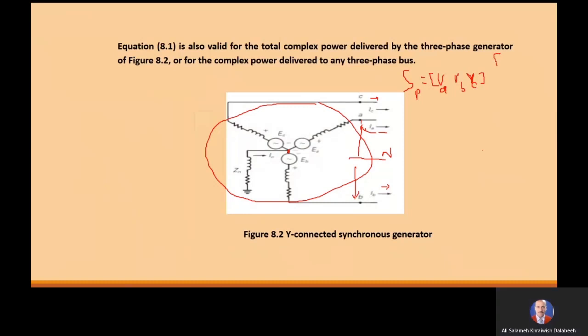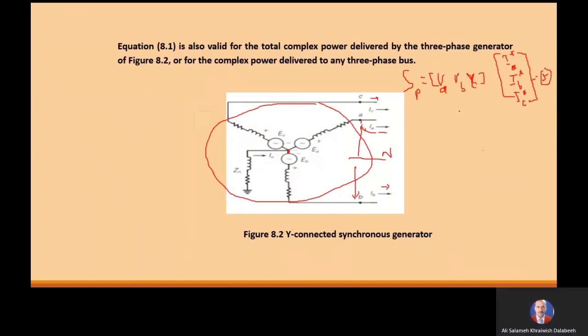This is a row vector multiplied by IA conjugate, IB conjugate, IC conjugate. This is equation number 5.